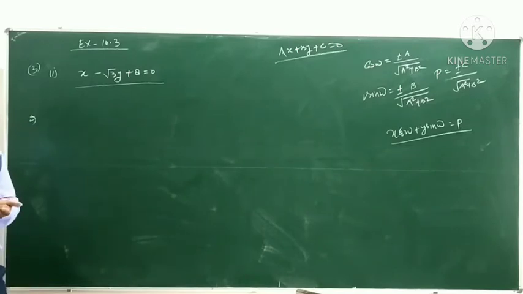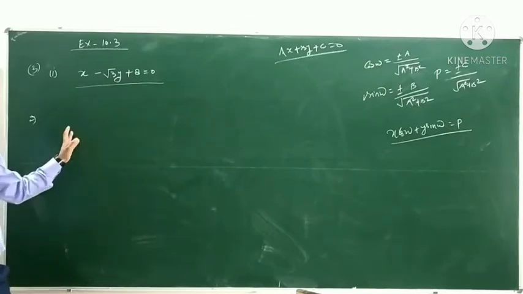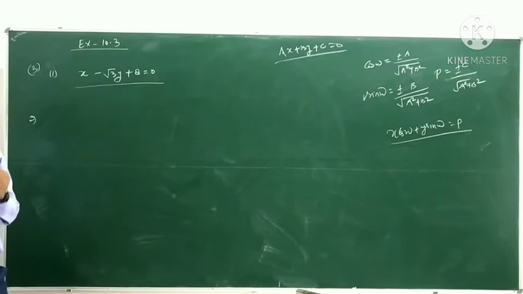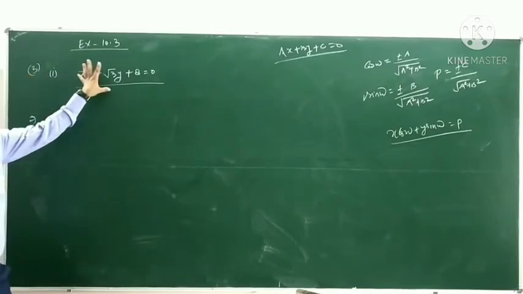Then we find cos omega, sin omega and the value of p, then substitute in x cos omega plus y sin omega is equal to p. But here we divide by square root a square plus b square on both sides of this equation.